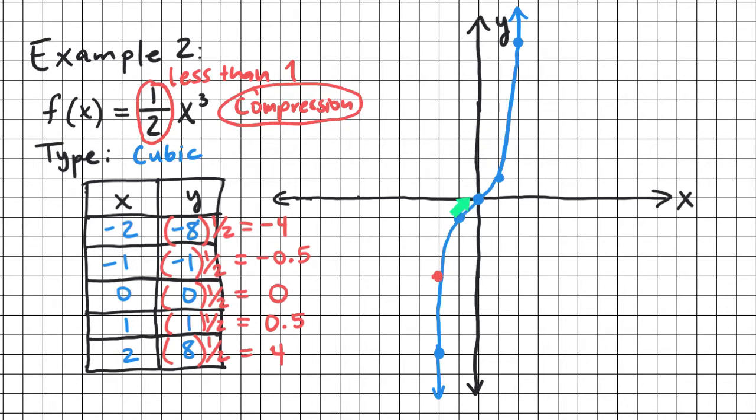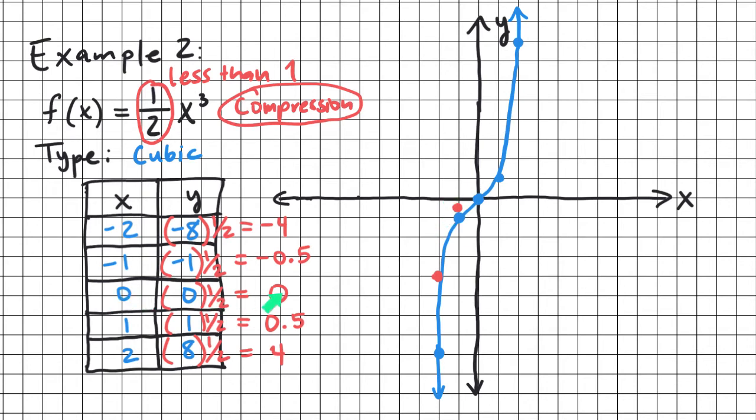The next one is -1, -0.5. That's about there. -1, and then half a step down. So not a full step, but half a step.